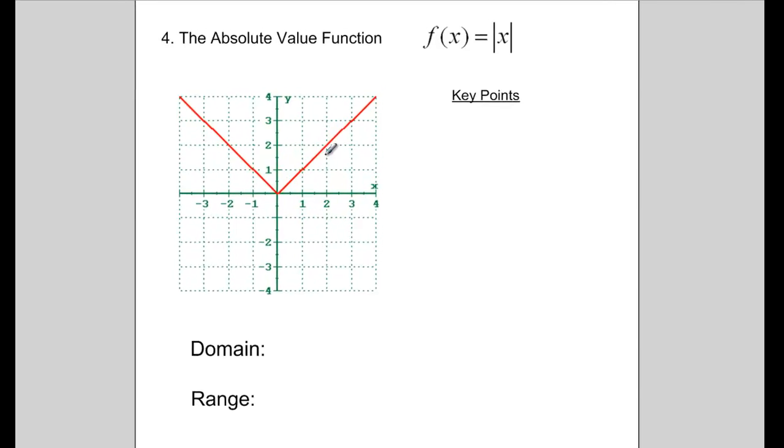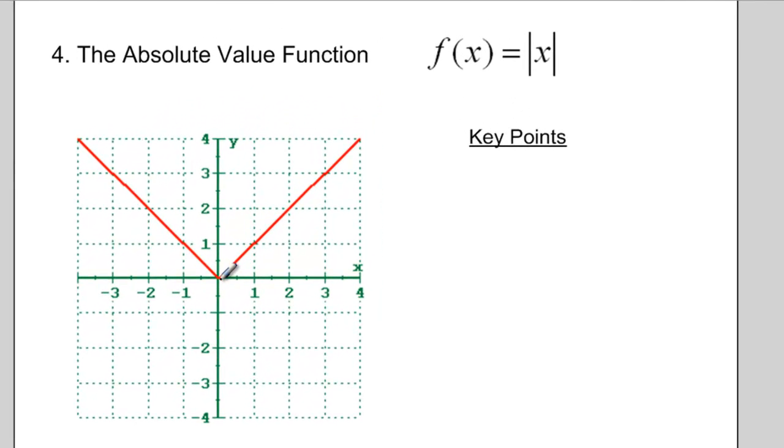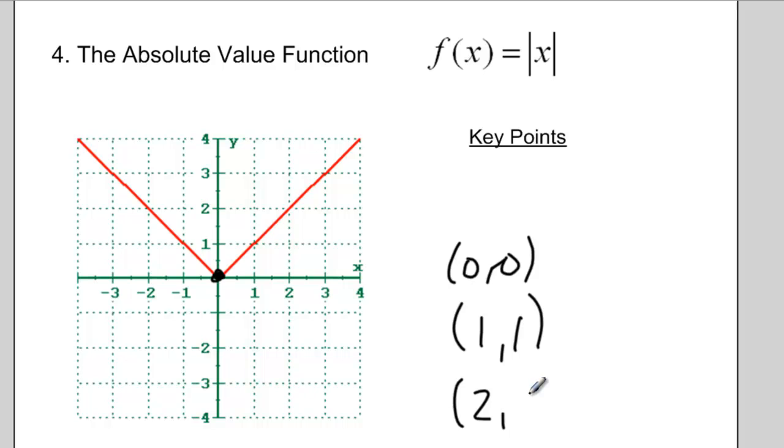So here's our graph. We still have a point 0, 0 here right in the middle, which we can use as one of our key points. And we're also going to use the point when x is 1, well, y will equal 1, because the absolute value of 1 is 1. And when x is 2, y will equal 2, because the absolute value of 2 is 2.